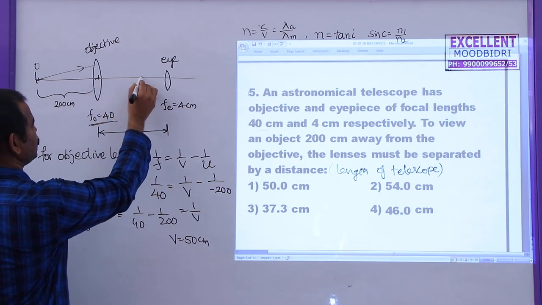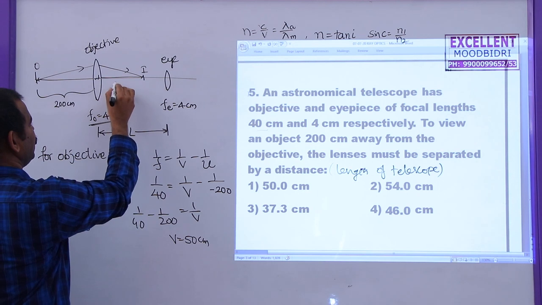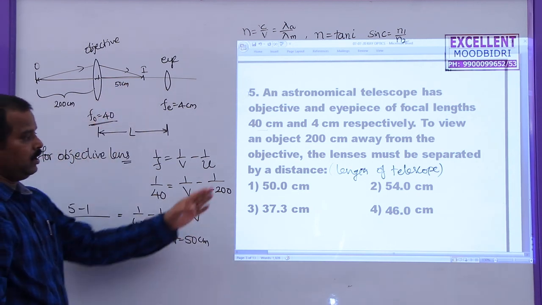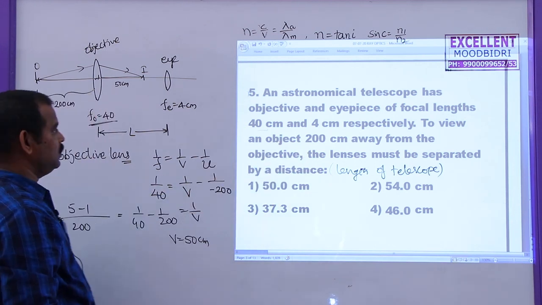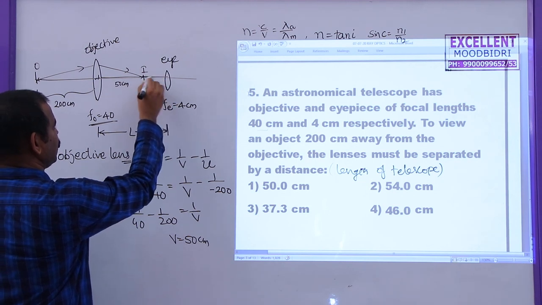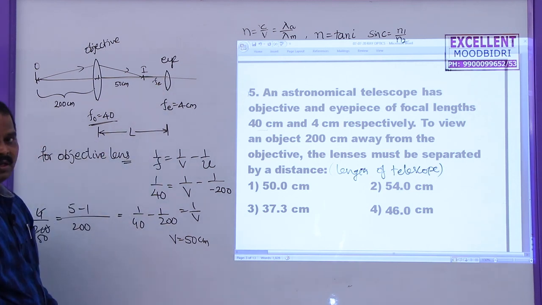So from here to here somewhere the image will be formed. Let us say the image is formed here at a distance of 50 centimeters from the objective. Now to view the image, if it is formed exactly at a distance of the focal length of this eyepiece, then the final image will be formed at infinity.